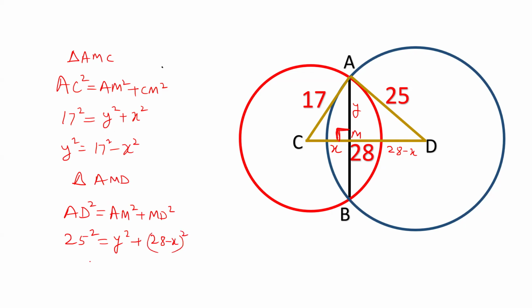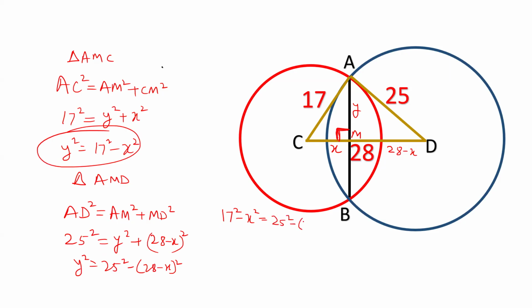So y square is 25 square minus (28 minus x) whole square. Now this is also y square, so equate the two equations: 17 square minus x square equals 25 square minus (28 minus x) whole square.